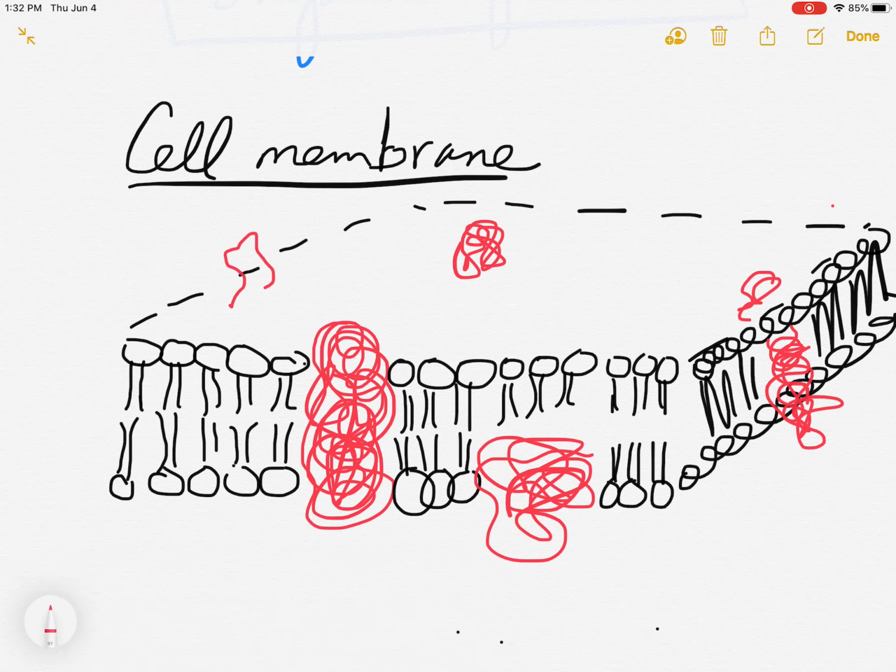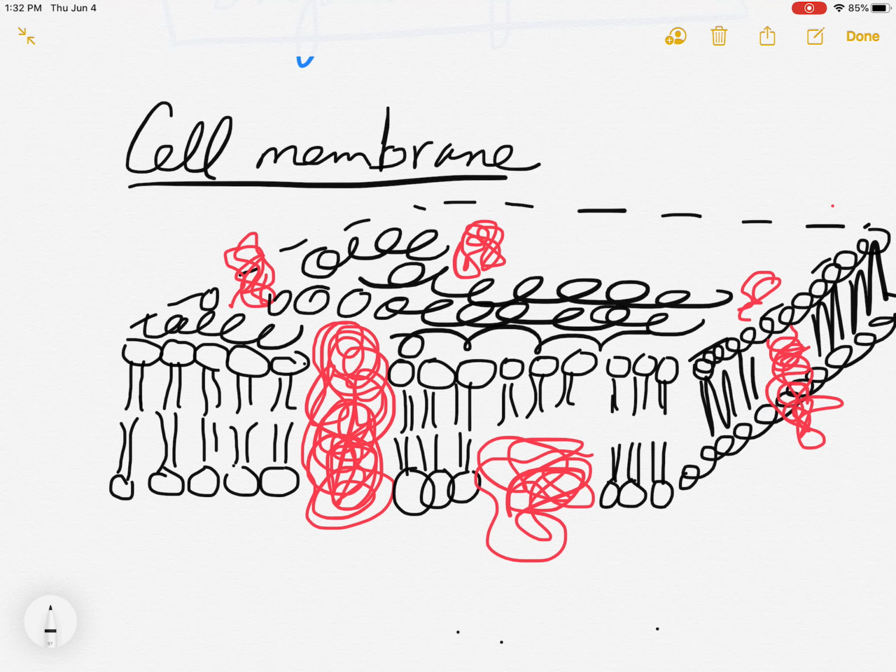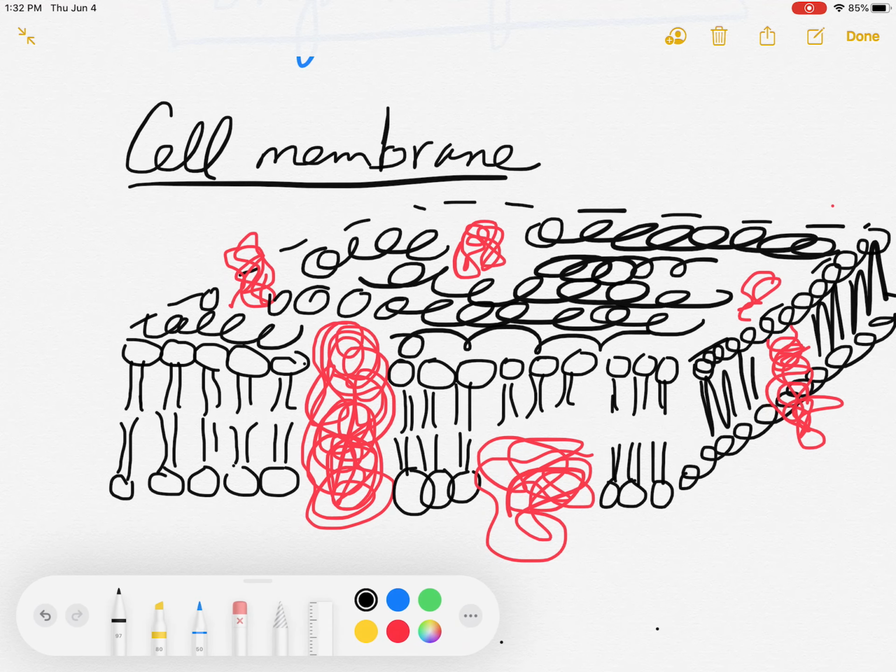And maybe one more on this side sticking out of here. And all across the top are these little balls, all across the top like this. So you see the membrane is 3D. Just drawing it fast. And so everywhere you have these proteins, you can have things going in and out.